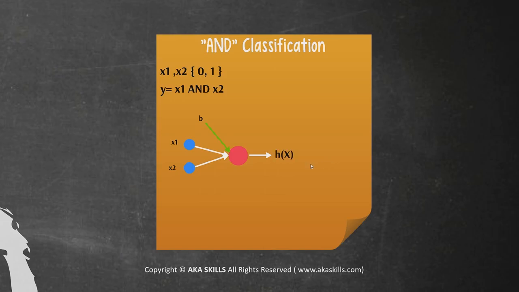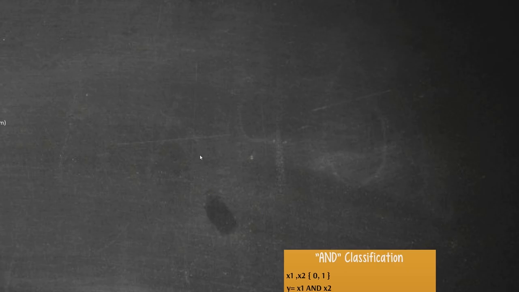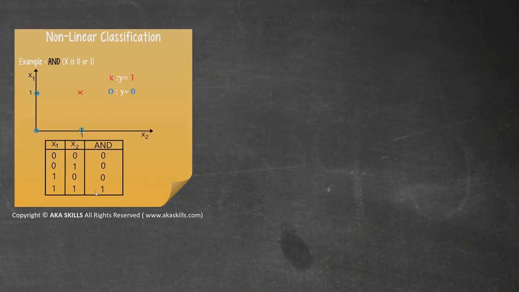So how can we make this cell output exactly the truth table we saw before? This is our goal actually. We want to get these exact values as an output because we want our cell to calculate the AND.